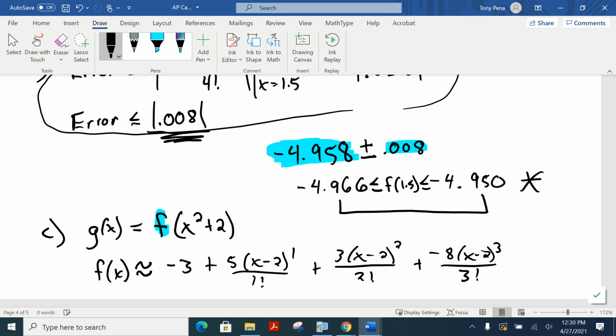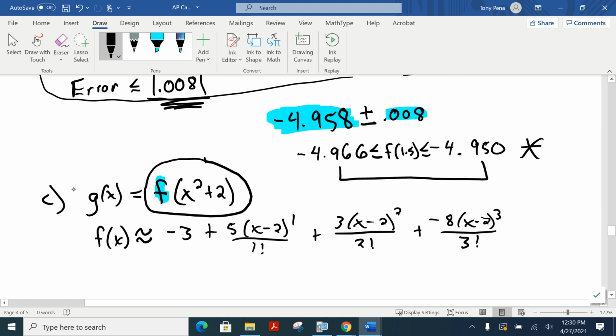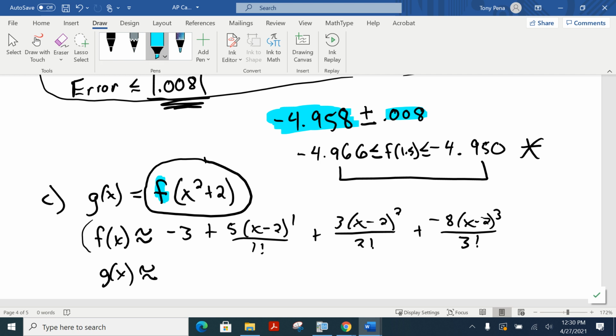So all we are now really doing, in this statement right here, is saying take that function f and now write it as a composite with x squared plus 2. So if I want to find g of x, I'm going to use an approximation here, take this function, and now wherever you have an x, we're changing that composite.